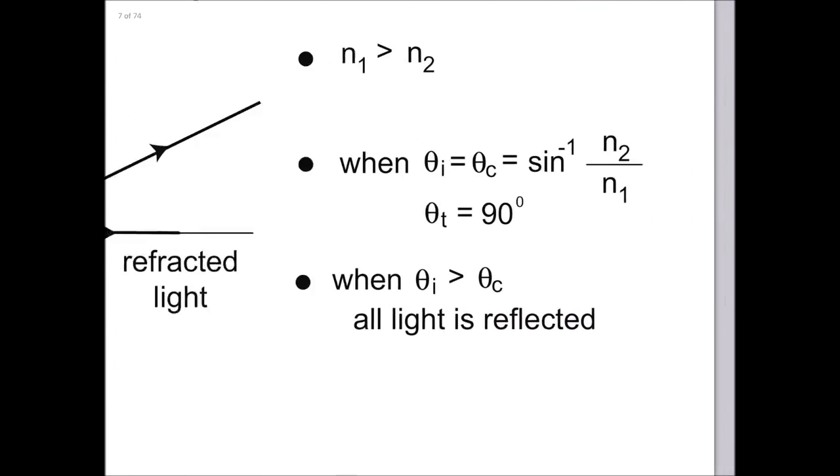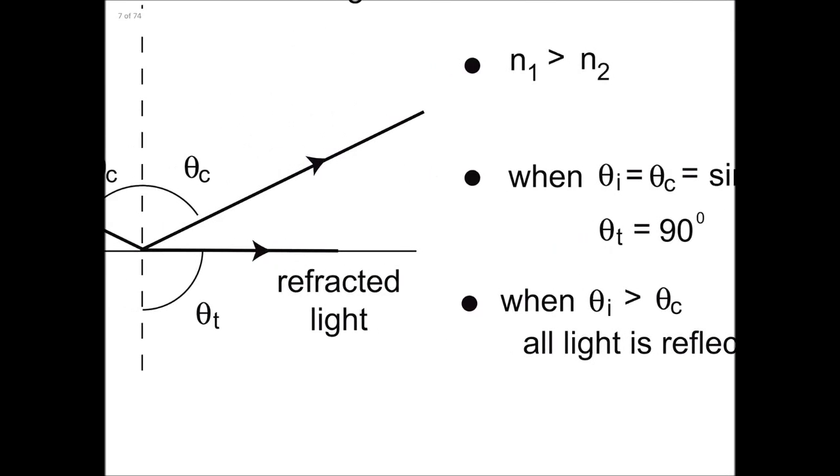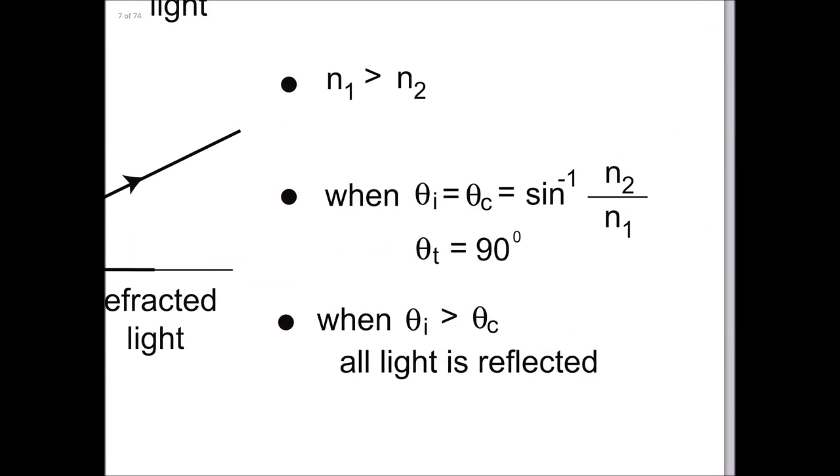So when you have incident angle greater than the critical angle, all of the light is reflected. When you have incident angle equals the critical angle, you have the light grazing along the interface. So then the theta t becomes 90 degrees, and you can solve Snell's law to derive this equation. And basically your critical angle becomes the inverse sine of the ratio of the two refractive indices.